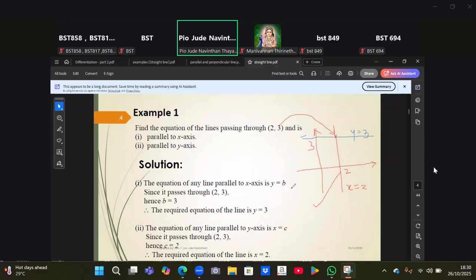Y is equal to something, the b value we get from this coordinate 3, therefore y is equal to 3. Similarly, parallel to the y-axis, x is equal to c or a, but here the a value is equal to 2, therefore x is equal to 2. Both are the same, right? I just recalled it, because we will study the straight line and the circle today, that's why I'm recalling, right?